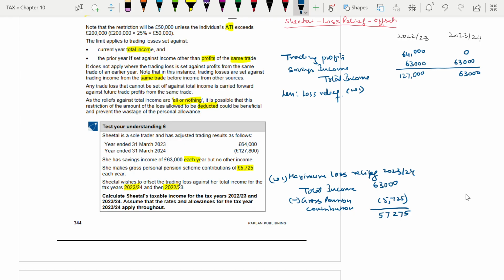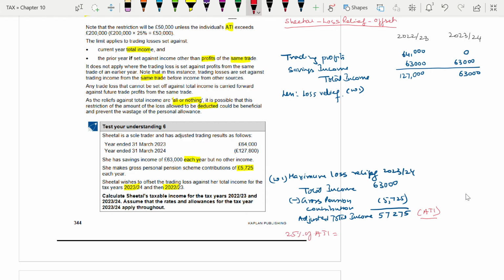Now, this is the adjusted total income. We call it ATI. From this, we have to take 25% of ATI.